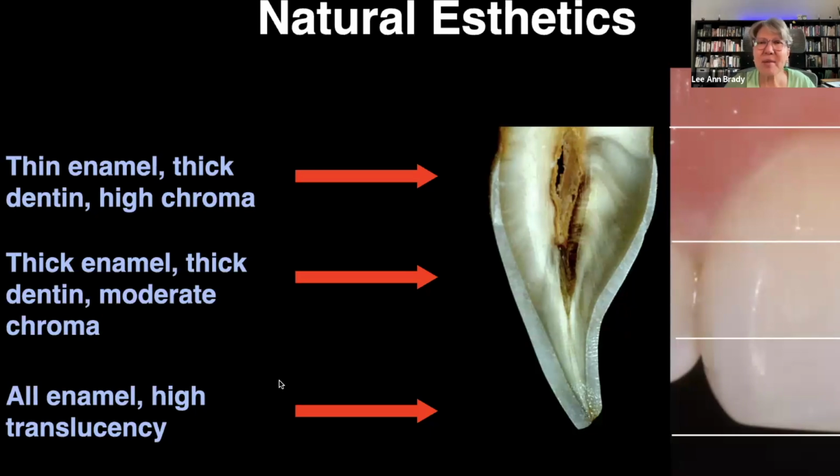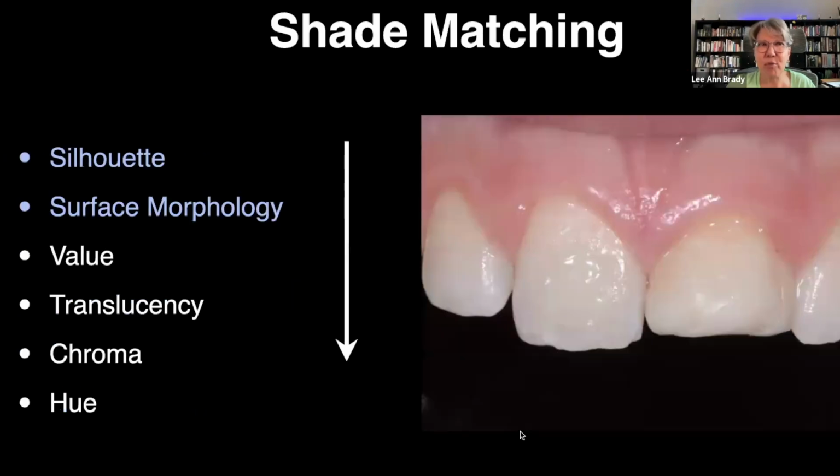And so that makes matching what we're doing with composite really complex when we think about how to mimic all those different properties. When we think about a tooth matching perfectly, blending perfectly, we call it shade matching. That's really actually simplifying it way, way, way down beyond what it actually is.